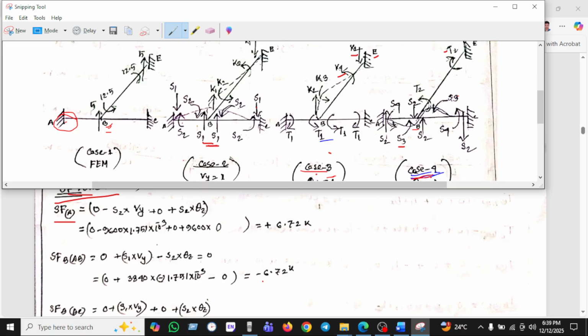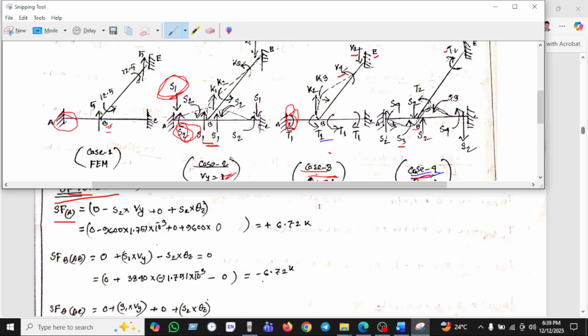And at point B, we have been going here. We have been seeing one shear, which is S1. Sorry, here S2 is here, and it will be By. This is By multiplied with Py, and we'll go to case 3, and at point A there is no shear, that's why it is 0.